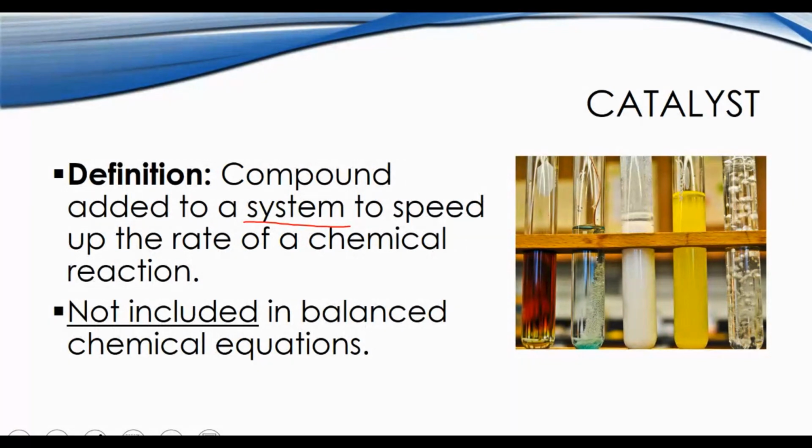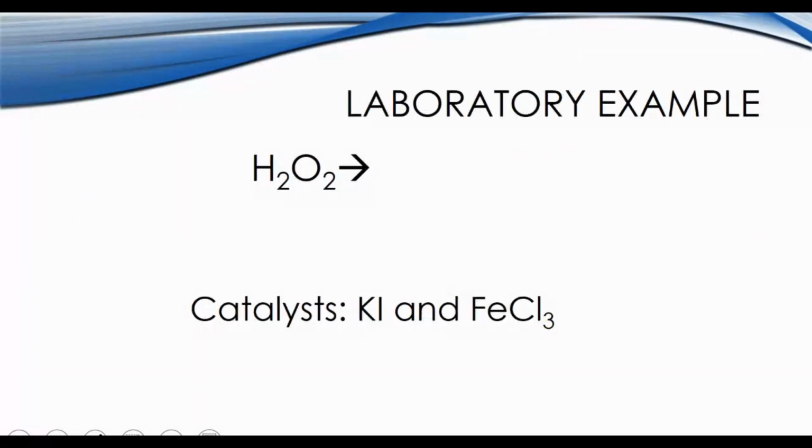Now, something very, very important to note is that when we write the balanced chemical equation, catalysts are not included because, again, they're only used to speed up the process of decomposition and not necessarily to help our compounds bond, okay?